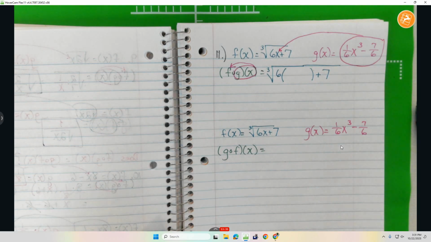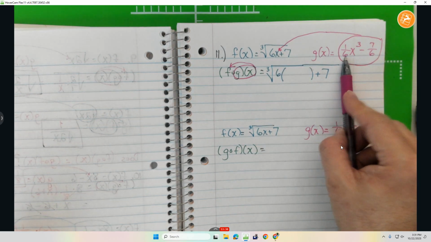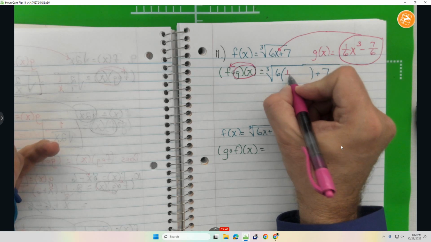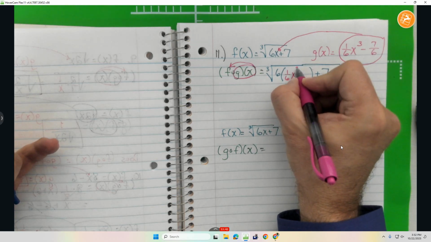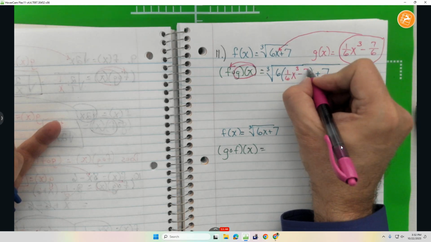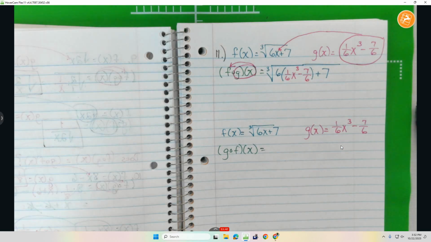So in place of the blue x, I put the pink 1/6 x to the third minus 7/6.